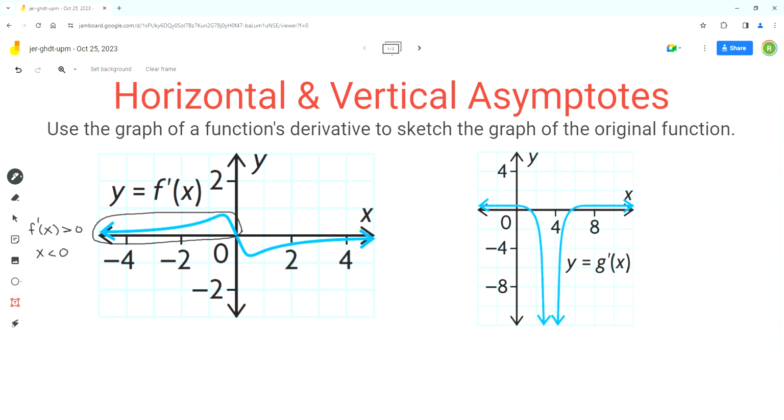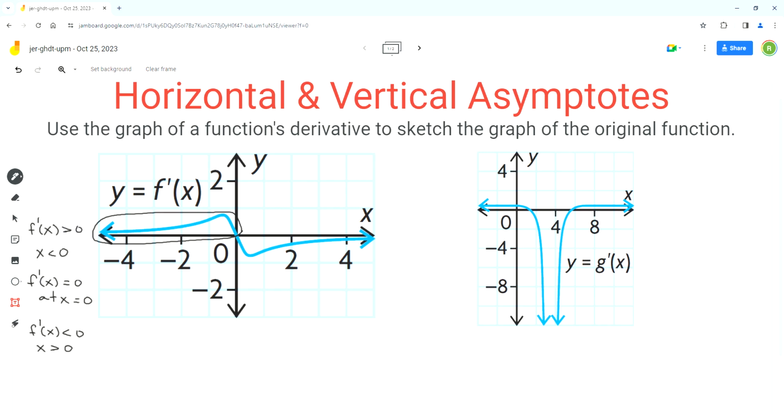Now at x equals 0, f prime of x is equal to 0. And to the right side of the y-axis, the f prime of x graph is below the x-axis. That means f prime of x is less than 0 for x greater than 0.